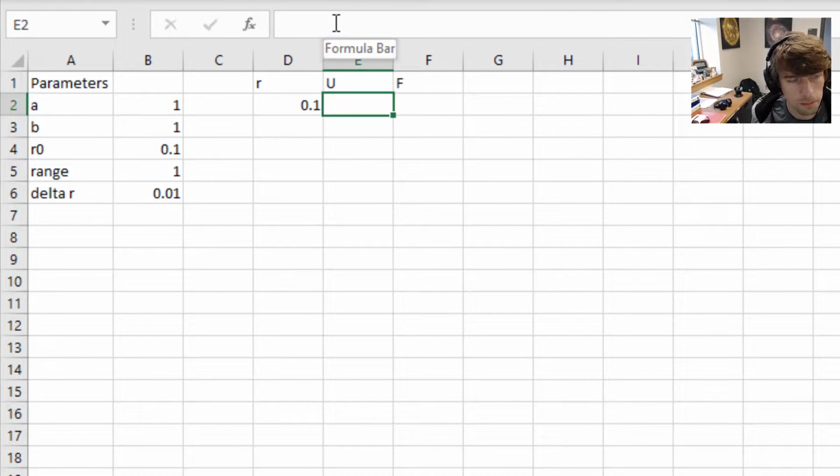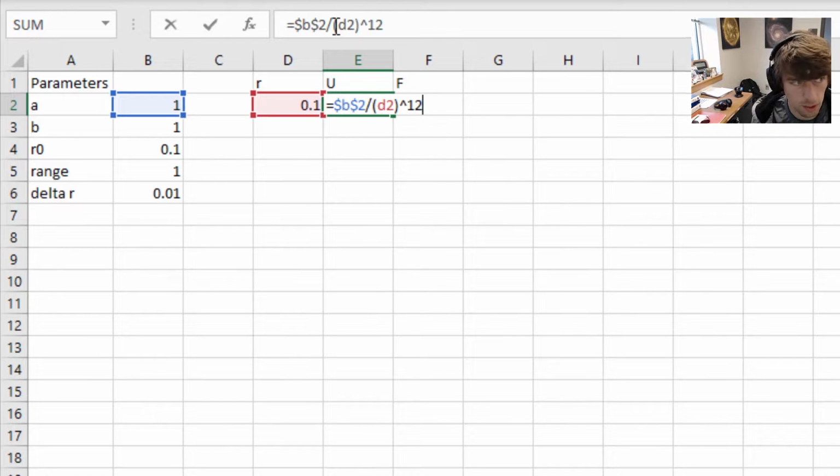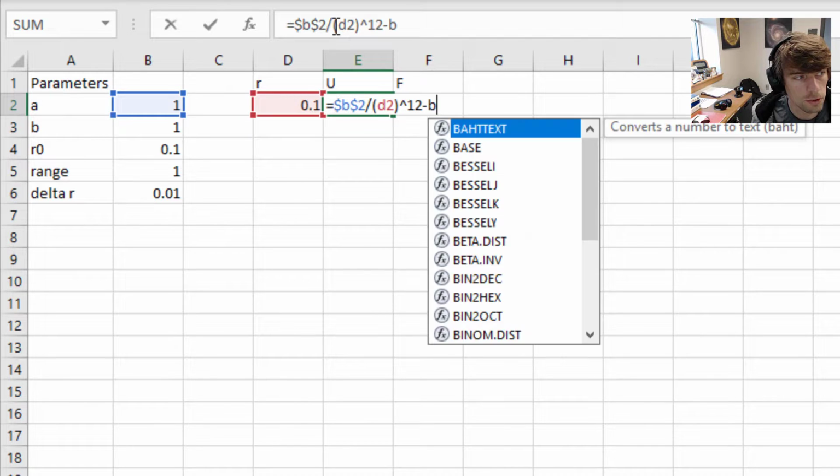So there we go. And now all we have to do is actually calculate the potential energy function. From the problem, I set that as $B$2, the A value, divided by the distance between the objects, that's given by D2, and I raised that to the 12th. Okay, but wait, I'm not done. I also have to do my B value, which is B3.